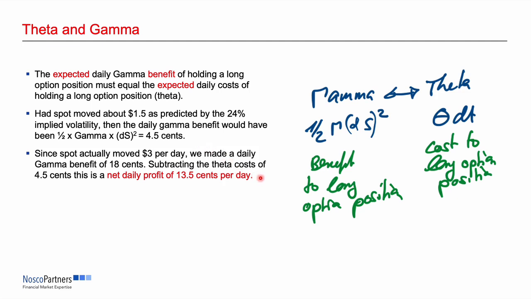So the trader's net gain per day would therefore be the 18 cents he harvests due to being long gamma minus the 4.5 cents theta decay, which gives a net daily profit of 13.5 cents per day, or over 2 days, a profit of 27 cents.